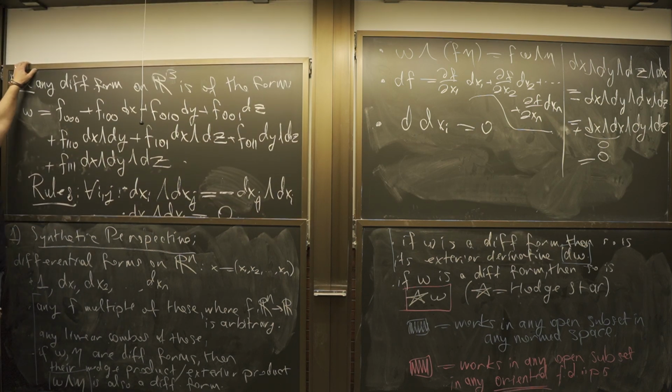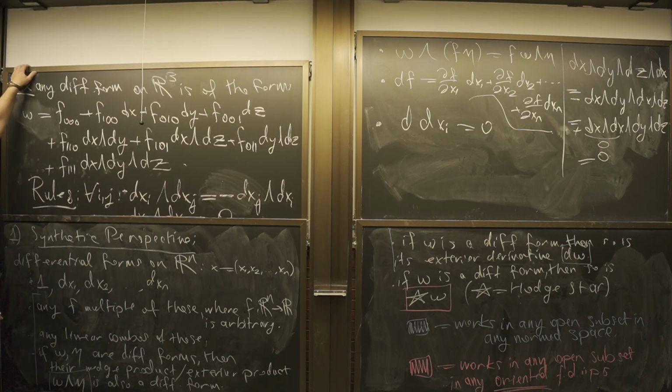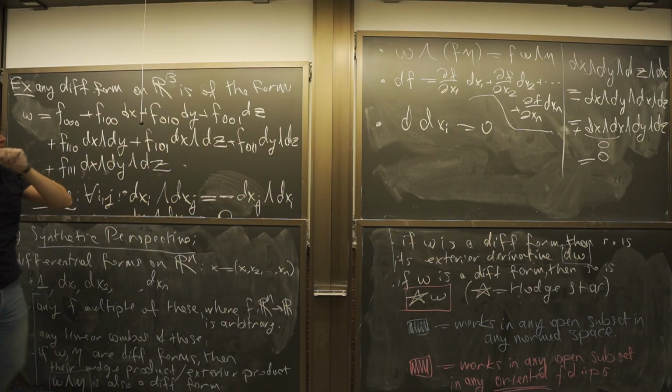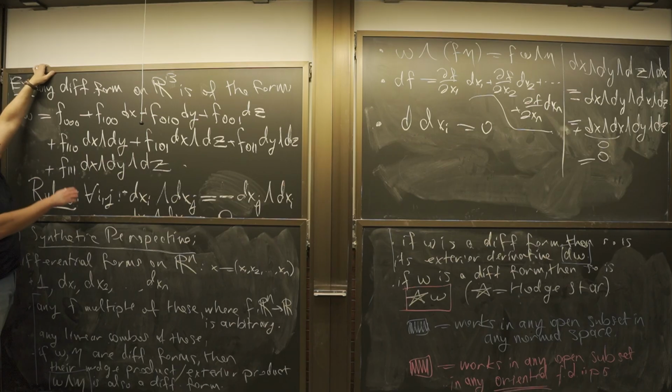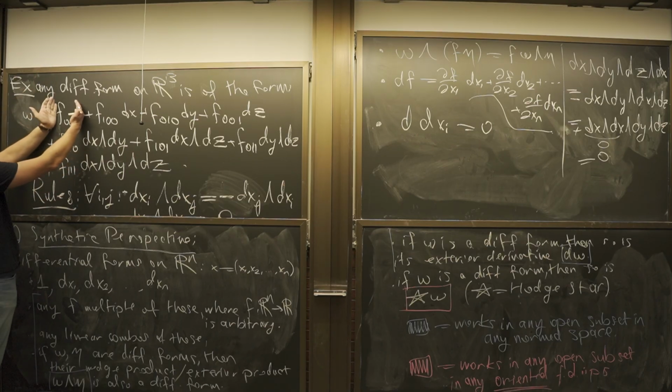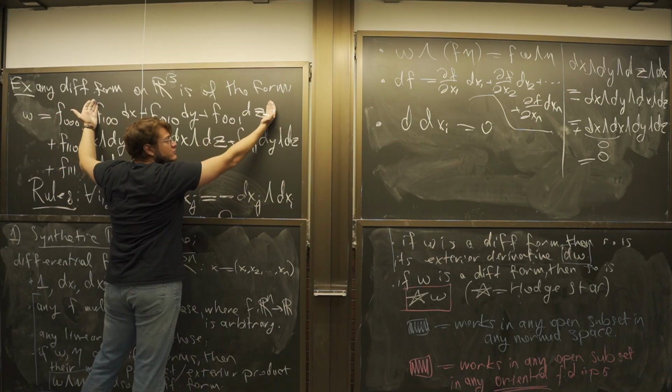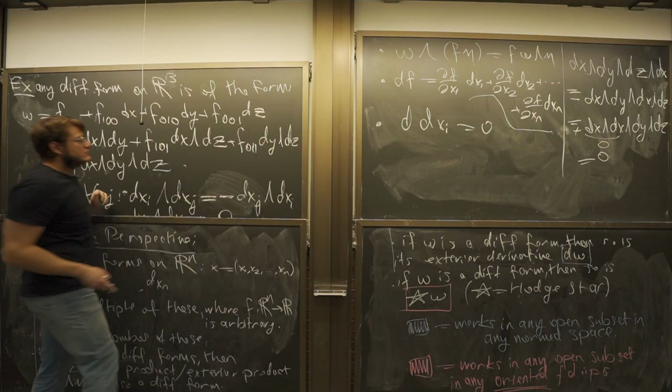Now, in the case of R3, I feel like I'm forgetting one of the rules, but I'll update it on Monday. Just like in polynomials, we're going to say this is if I didn't have anything else, this would be a 0 form. Anything of this form would be a 1 form.